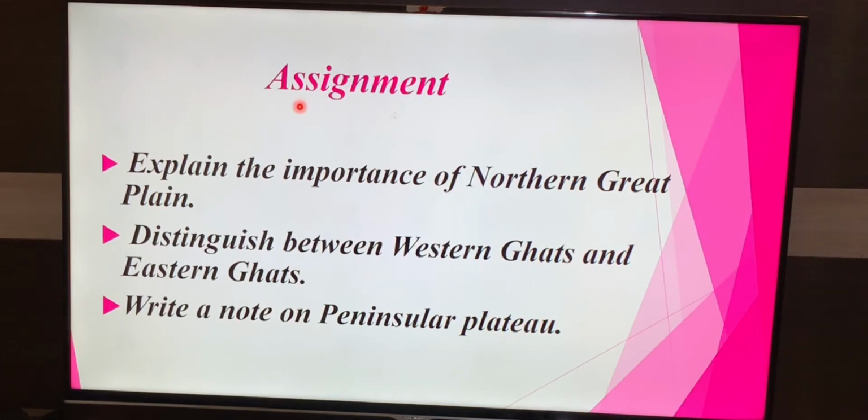We will start with the assignment. Explain the importance of Northern Great Plain. Here, you have to explain the importance of the Northern Great Plain. Northern Great Plain is useful for irrigation and agriculture, as perennial rivers and alluvial soil are present in the northern plain.